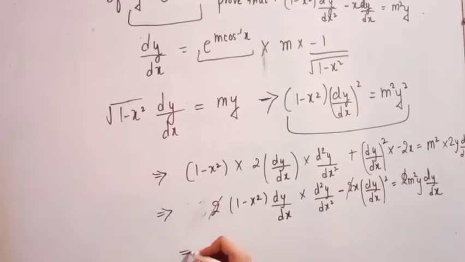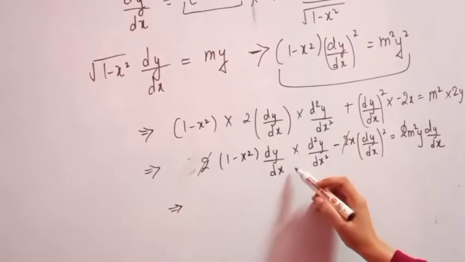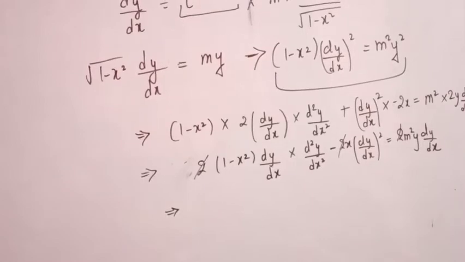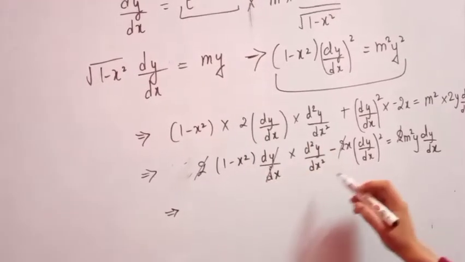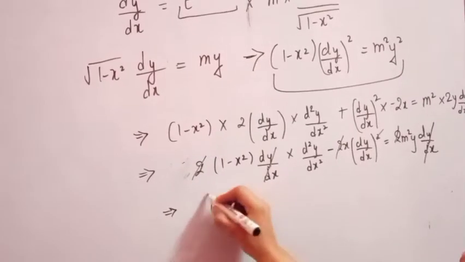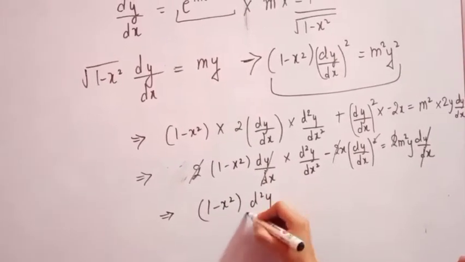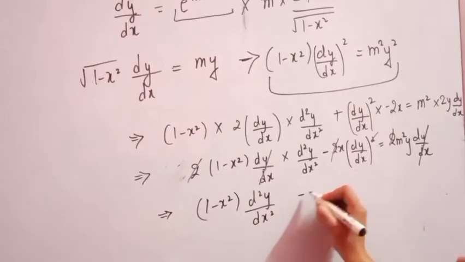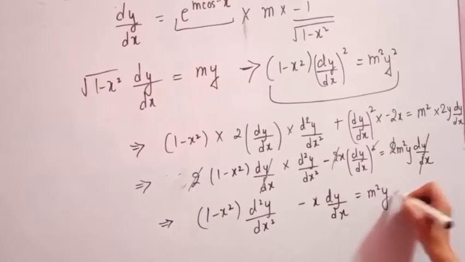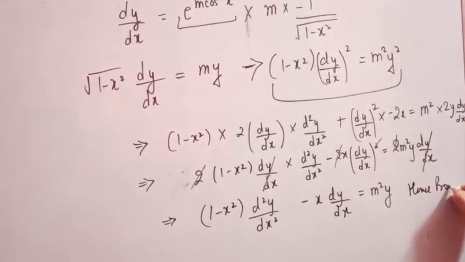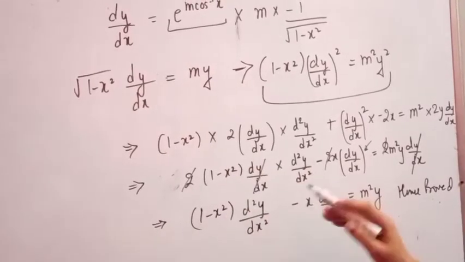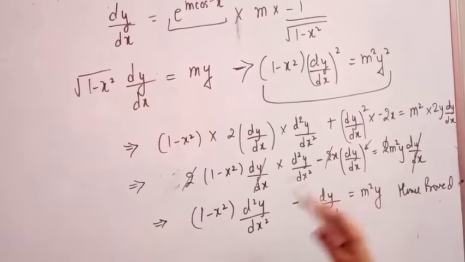After that, you can see that dy by dx is also common on the left hand side as well as on the right hand side. Now 1 minus x square into d2y by dx square minus x dy by dx equals to m square y. So it is proved. As you could see, all those terms which were common, we took it and cancelled the common parts.